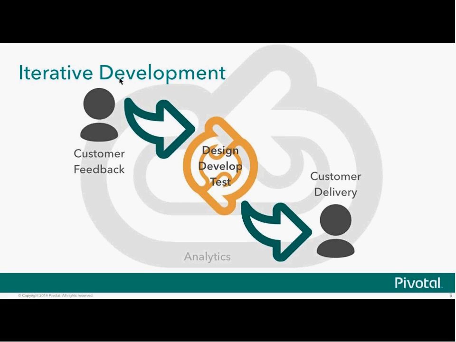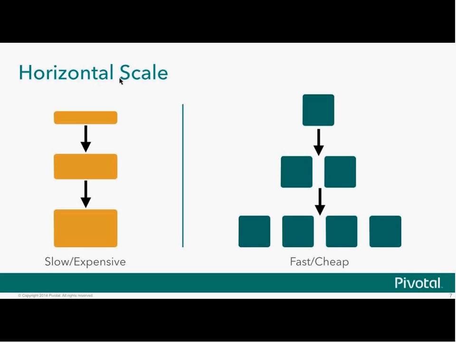So there are a few other aspects that are sort of forcing us in different directions beyond just this idea of continuous delivery and iteration. There's also this idea of we're wanting to operate at increasingly higher scale. And we figured out several years ago, actually, that vertical scaling was simply too slow and too expensive for us to accomplish our goals.